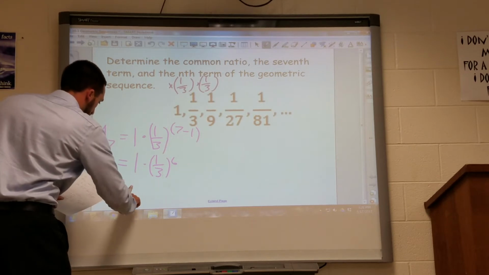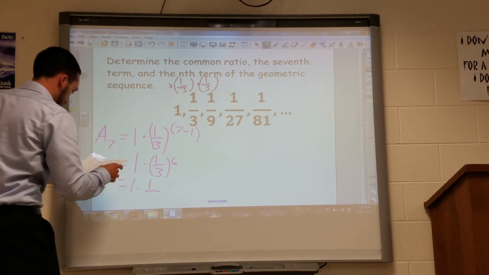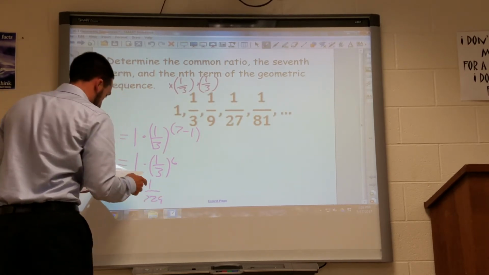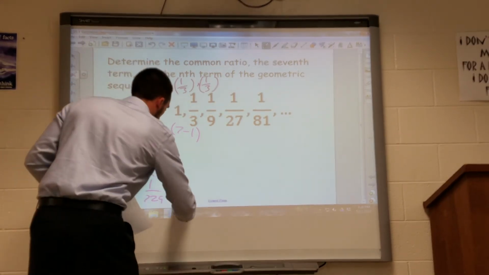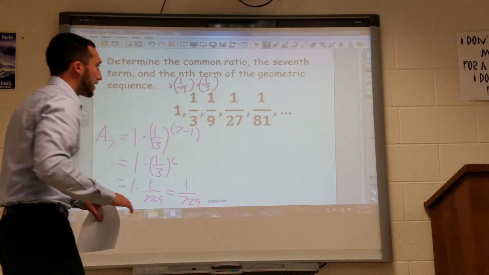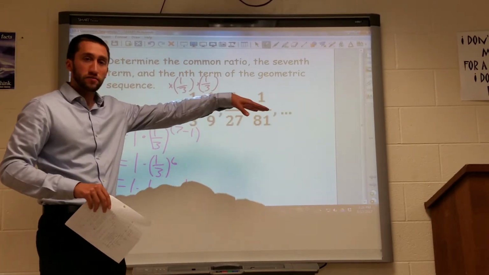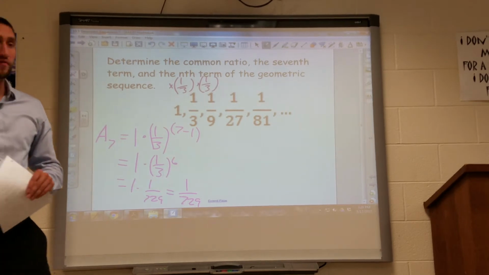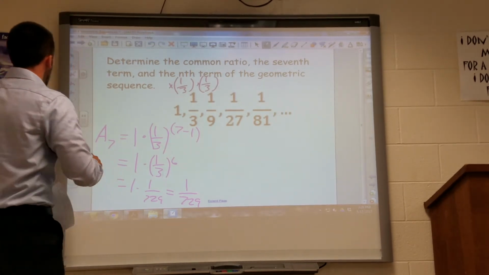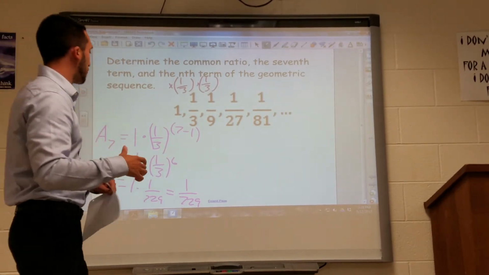That is 1 times 1 over 729. So the 7th term would be 1 over 729. And if you wrote this process out, you would see that you get to 1 over 729 for the 7th term.